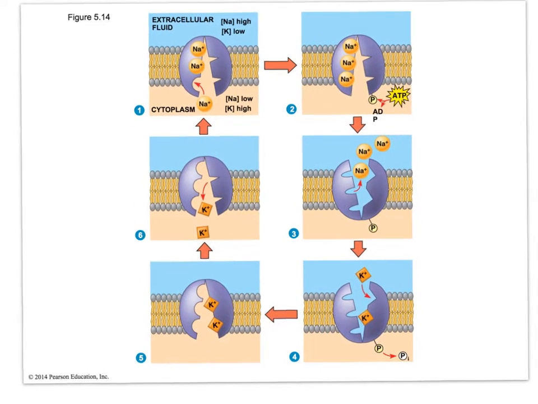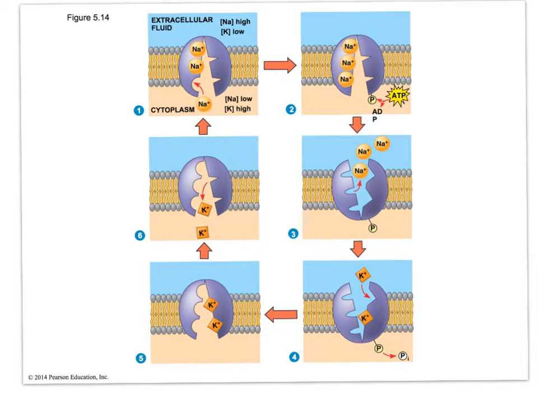So this is what it looks like. One protein is going to transport sodium and potassium ions. Now, why don't ions move across the plasma membrane on their own? Because they're charged. Awesome. And ideally, the goal of the pump is to have more positive ions outside the cell than inside the cell.